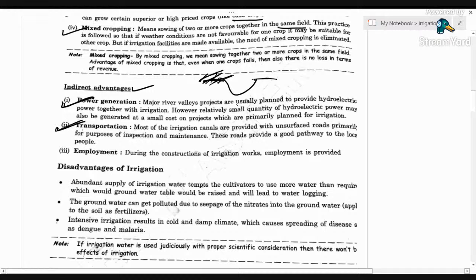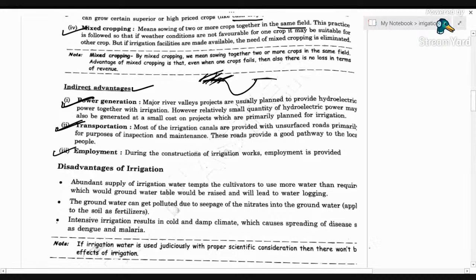This is also the indirect advantage. And the last one is employment generation. Suppose you are designing a dam or canal, so there must be some employment generation. The government will allocate some people for their maintenance and repairing. So ultimately employment is also an indirect advantage of this one.